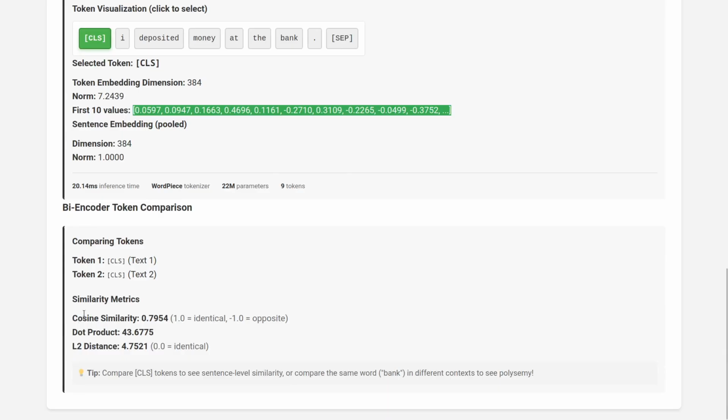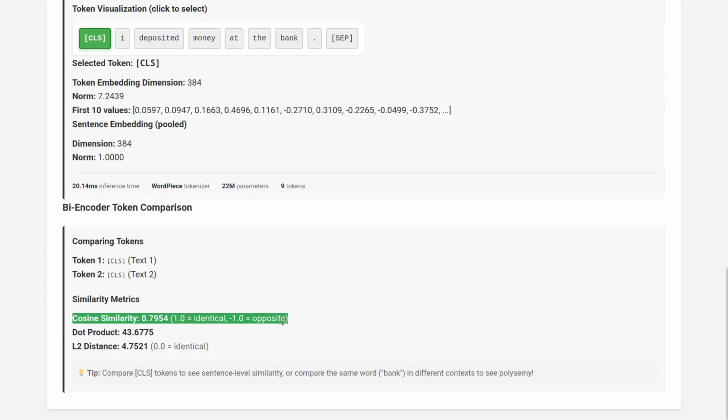The main thing we want to compare is cosine similarity. Cosine similarity is simply a comparison between the two vectors. It's sort of like what their angle is. This can be hard to wrap your head around in high dimensional space.